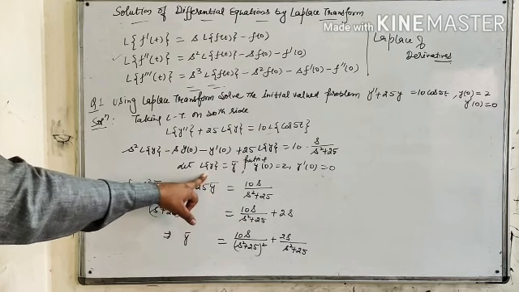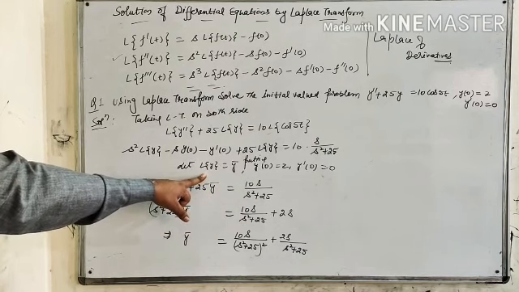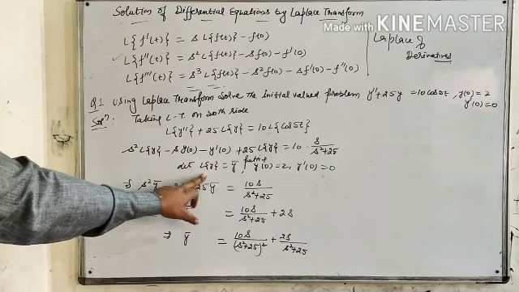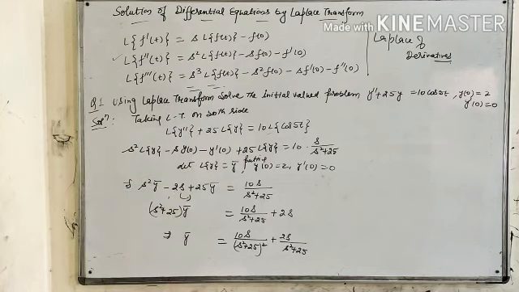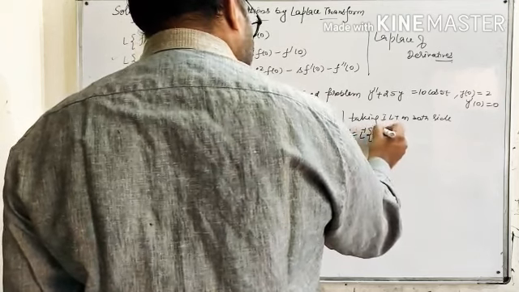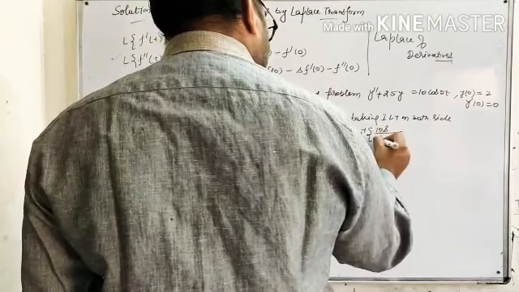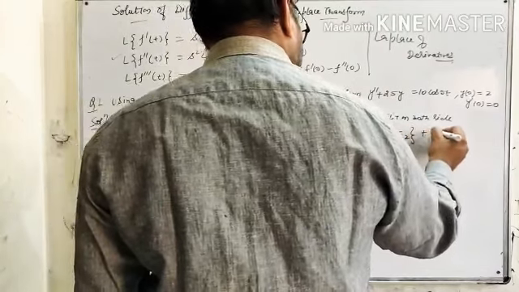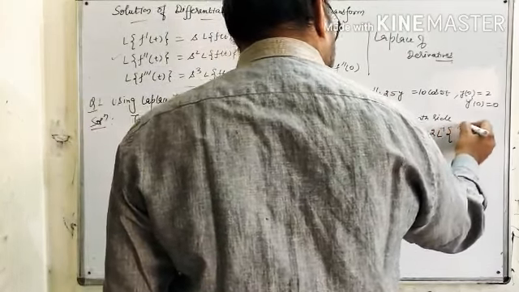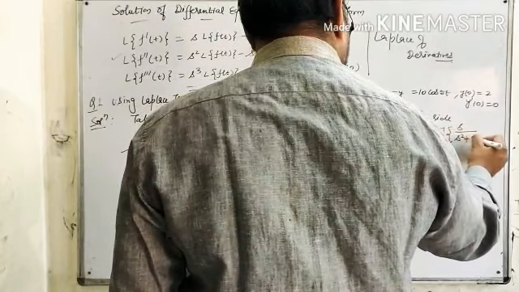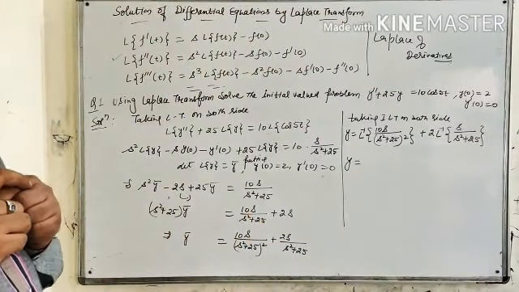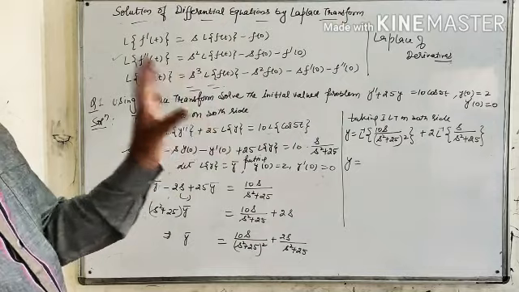So how to get y? When we take the inverse Laplace transformation of this function. Taking ILT on both sides, y equals inverse Laplace of 10s upon (s square plus 25) whole square plus twice inverse Laplace of s upon s square plus 25. Now you can use any formula of inverse Laplace transformation to solve this.